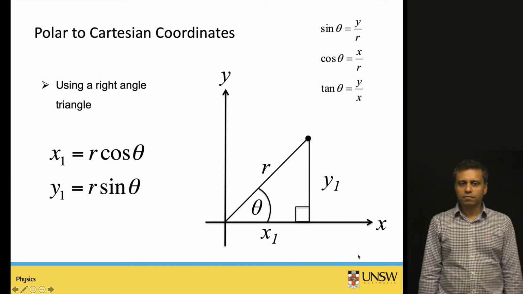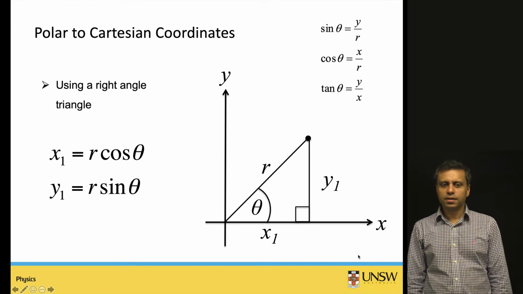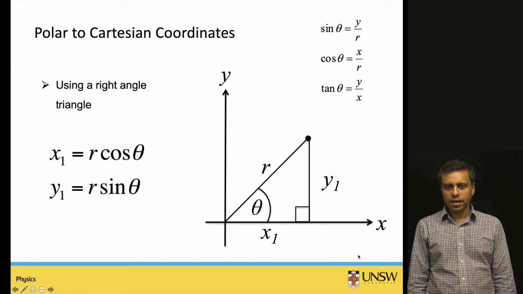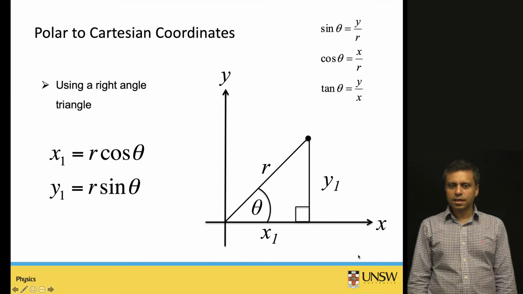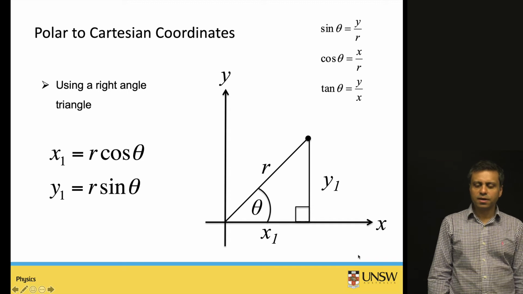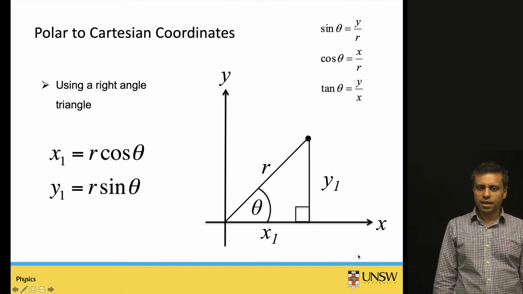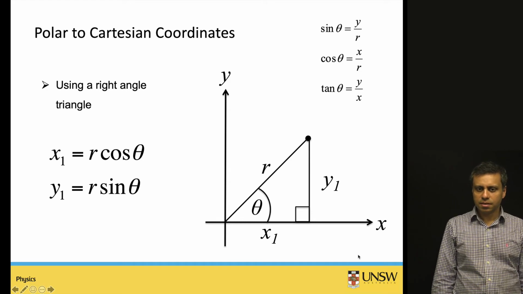For example, if you are given your coordinates in r theta, it is easy to find the corresponding x and y in the Cartesian coordinate system. This can be done by making use of the right triangle as shown in this figure. So r is just the diagonal, the hypotenuse of this right triangle, and x1 is the adjacent and y1 is the opposite side basically.